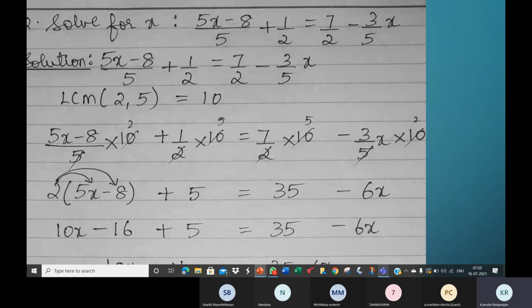Ma'am, it's minus 16 plus 5. While subtracting 10 minus 16, as 10 is lesser than 16, the answer remains in minus. So minus 6 plus 5 is equal to minus 1.